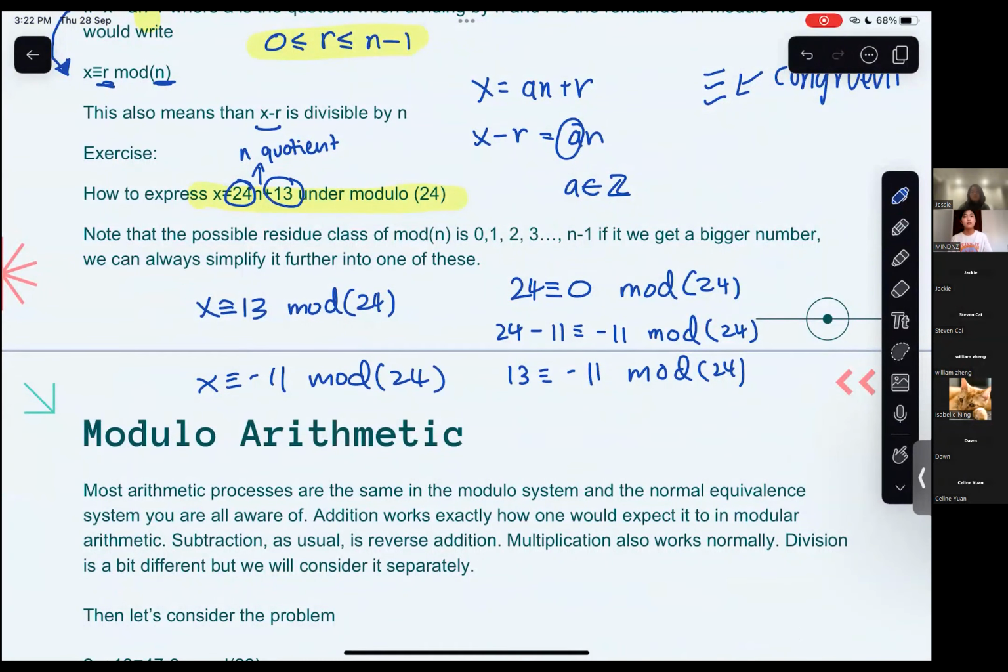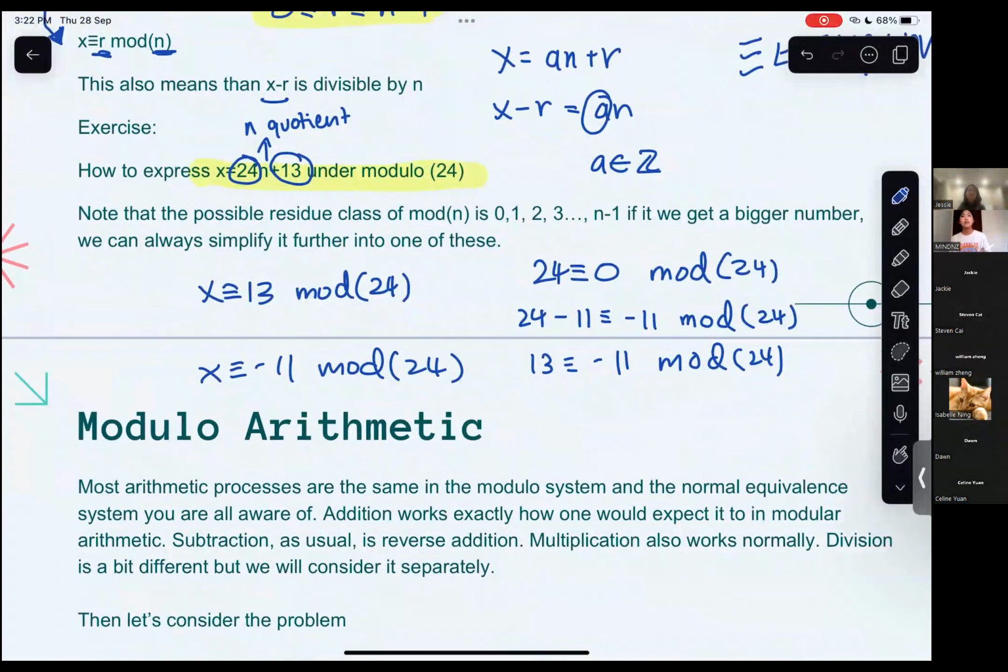Something like this. And that should also be true because 13 is congruent to negative 11. Yeah, so that's also how you can change something into negative form if you wanted to. But you don't necessarily always want to. It doesn't make much of a difference.